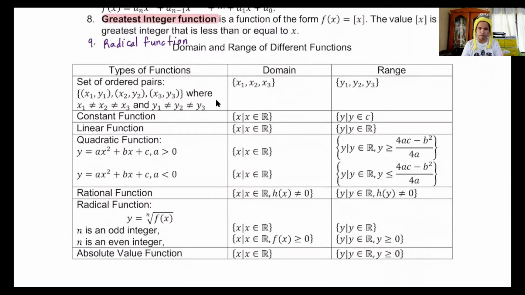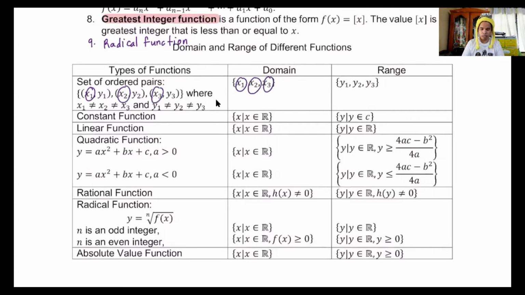Now, if set of ordered pairs lang ang gihatag, it is very easy to determine the domain and the range. Ang imo lang buhaton, ilista. Pero, dili pwede nga ulitin nimo, say for example, kung balik si 1 sa x, dili nimo isulat balik si 1. Kausa lang. Okay? So una siya diri, naa x sub 1, x sub 2, x sub 3.